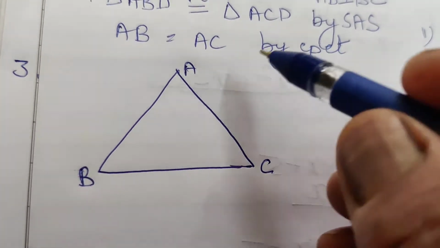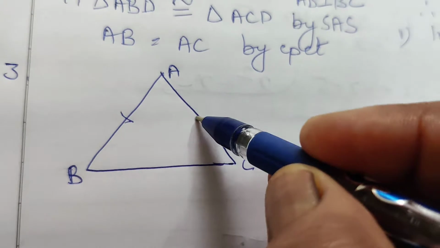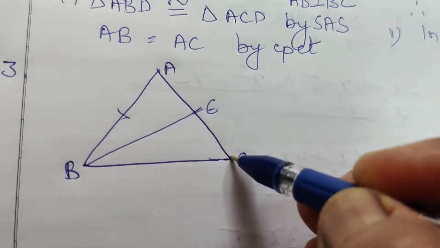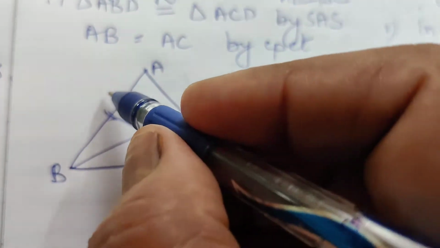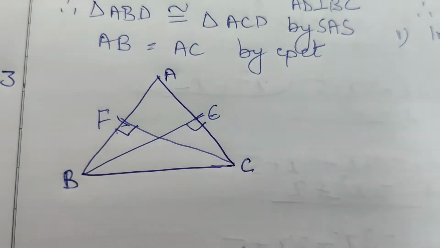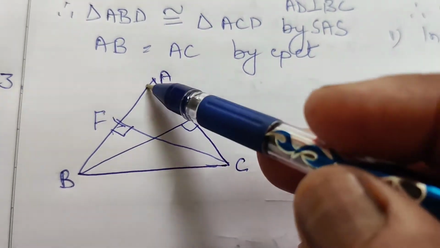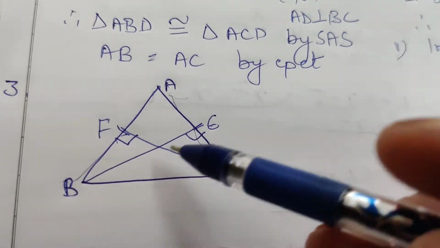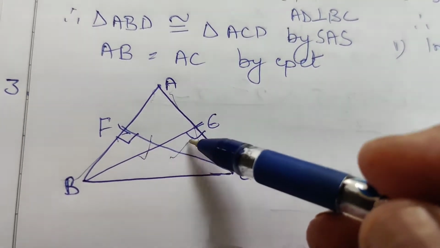ABC is an isosceles triangle, so AB equals AC. And the two altitudes are BE and CF. Altitude means these angles are 90 degrees. Next, we have to prove BE equals CF.